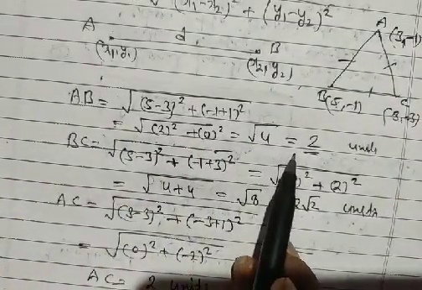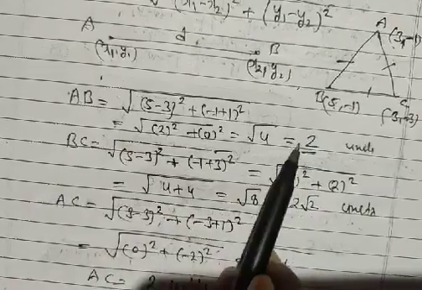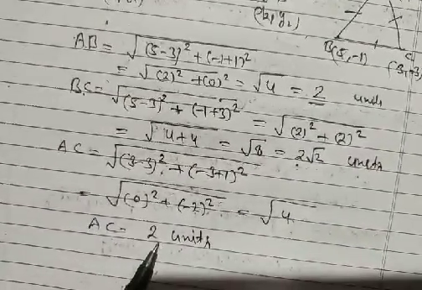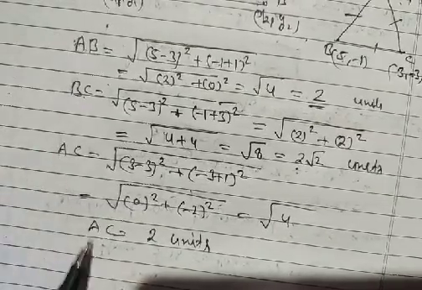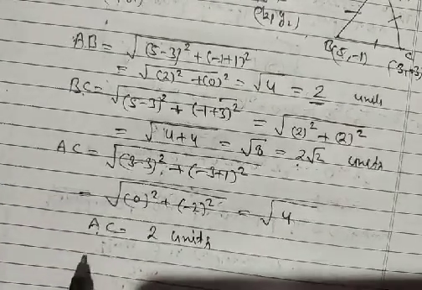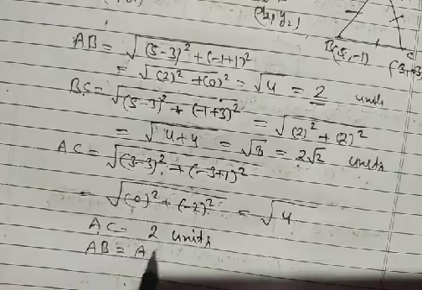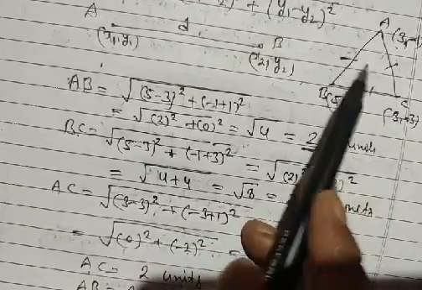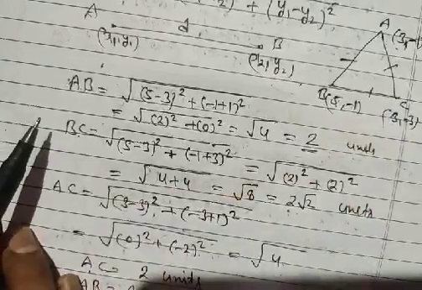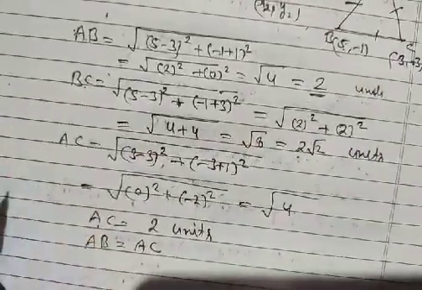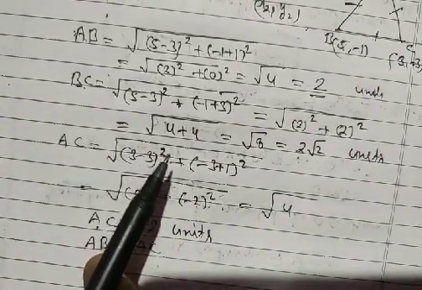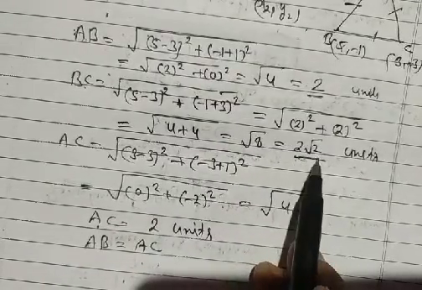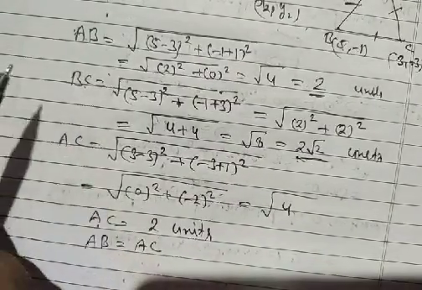AB is 2, BC is 2 root 2 and AC is 2. Here AB equals AC, which means this triangle is isosceles. Now, in a right angle triangle, the largest side is the hypotenuse. These two are equal, and the largest side is 2 root 2, which means BC is the hypotenuse.